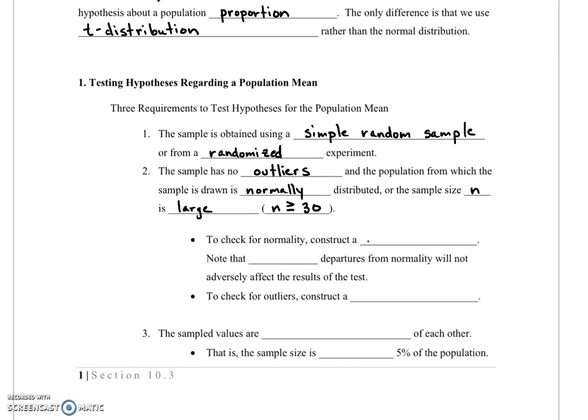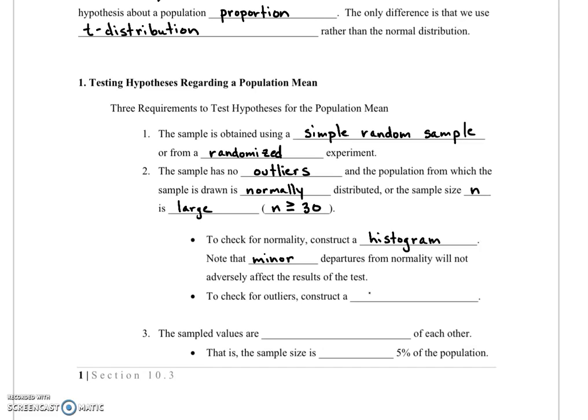So to check for normality, we would normally construct a histogram and make sure that it looks approximately normal. Minor departures from normality will not adversely affect the results of our hypothesis test.